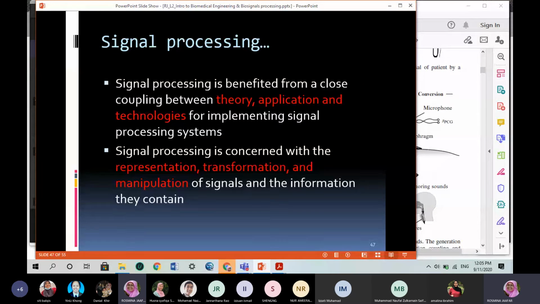And signal processing is concerned with the representation, transformation, and manipulation of the signals and the information that the signals contain. So signal processing itself is actually a very huge area. You can do lots of things. Inside signal processing, you can do image processing also.